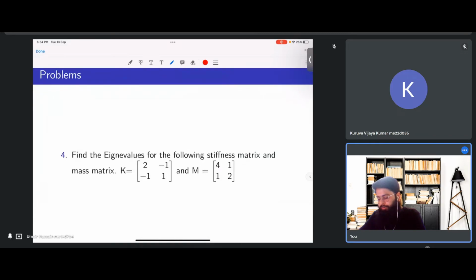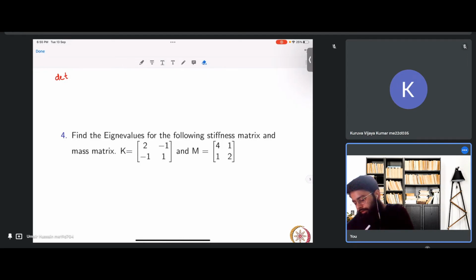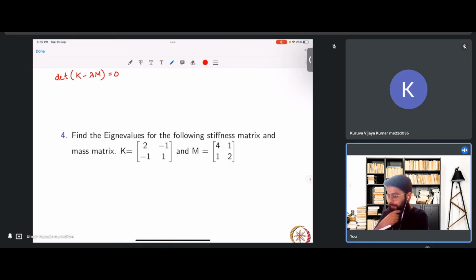We need to find the eigenvalues for the given stiffness matrix and mass matrix. So how do we find the eigenvalue? The characteristic equation. The characteristic equation is the determinant of k minus lambda times m equals 0. From solving this equation, we get the eigenvalue, right?